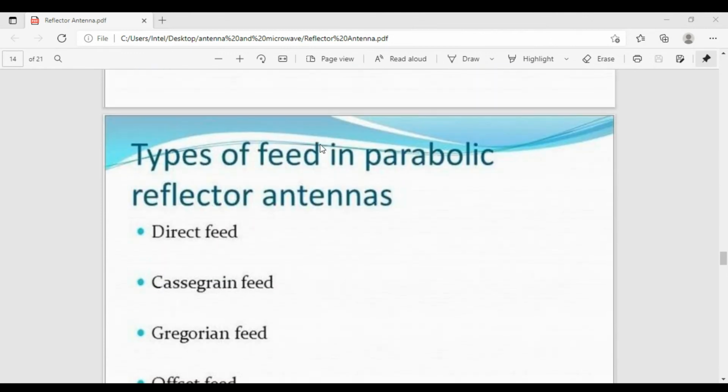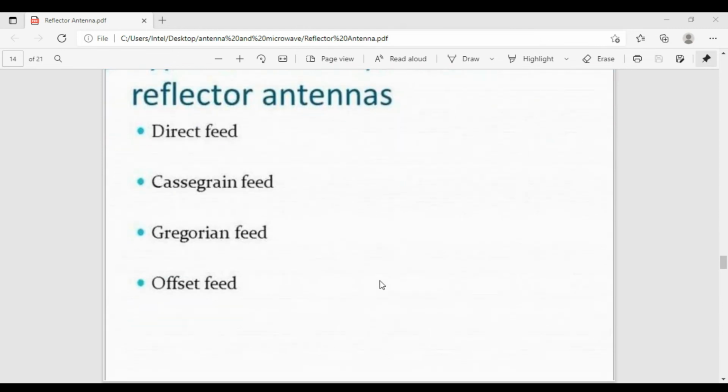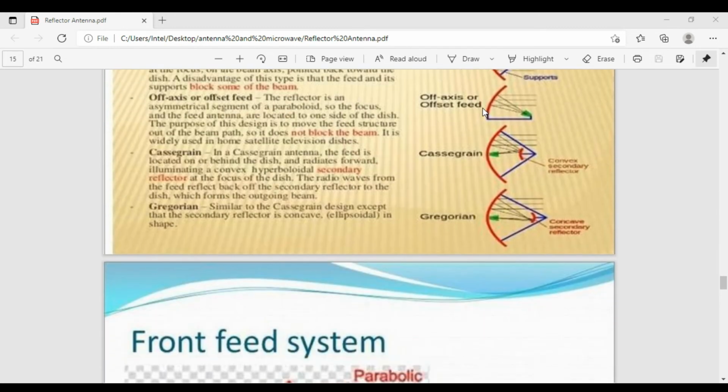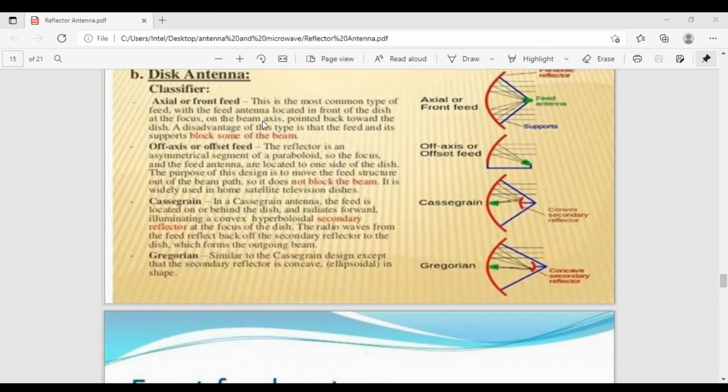I already told you the types of feed in parabolic reflector. Feeding, like we feed food to children, in the sense we are giving food. So here are the types of feed in parabolic reflector antennas: direct feed, Cassegrain feed, Gregorian feed, offset feed. It is a dish antenna, not DISC.